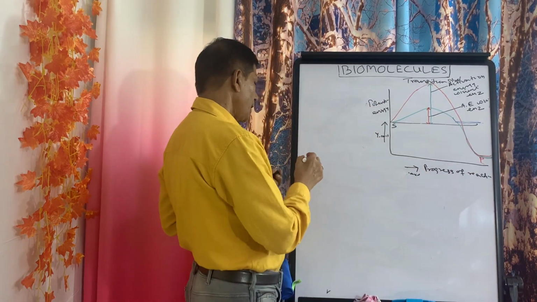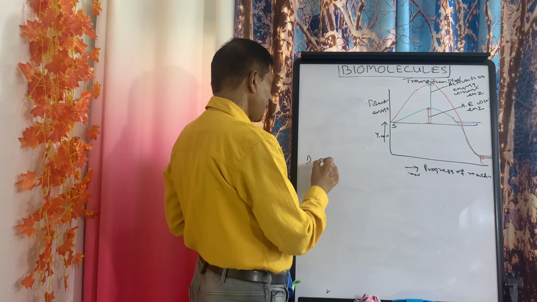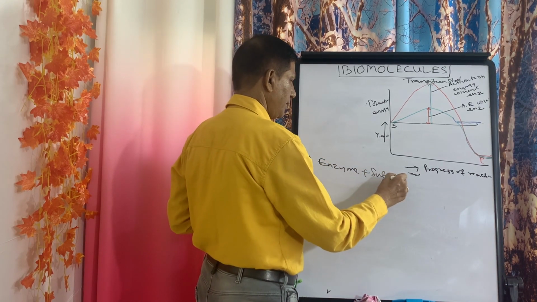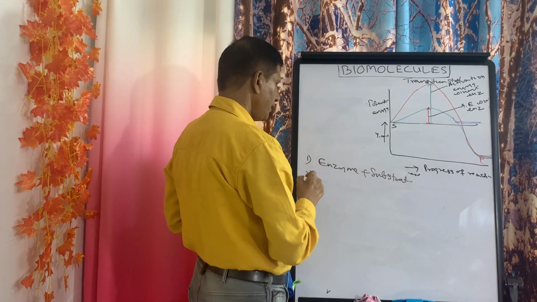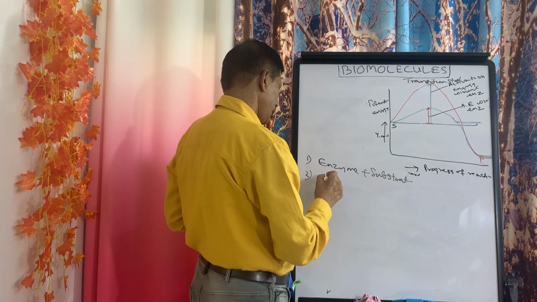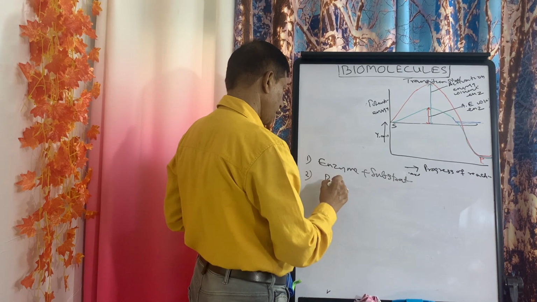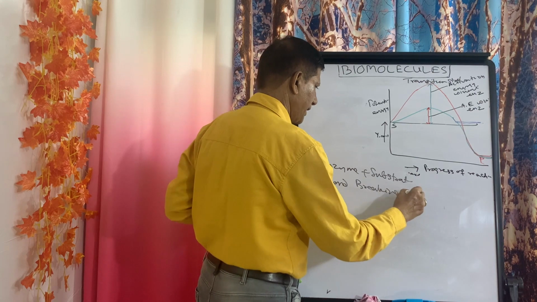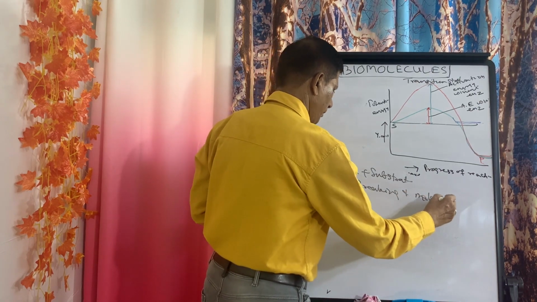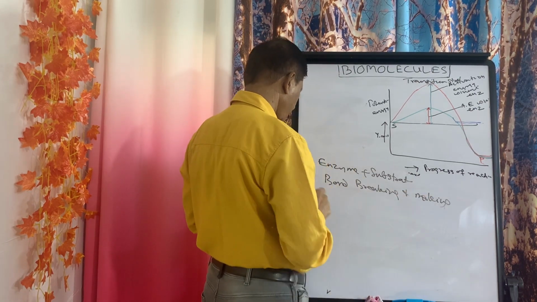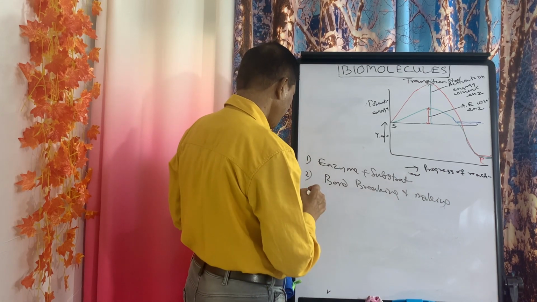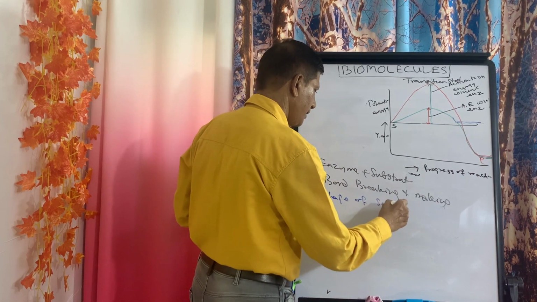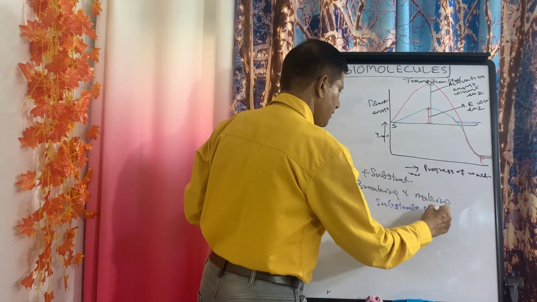What is happening? First point, the enzyme combines with the substrate. Second point, there is bond breaking and making. Then the shape of the substrate changes.